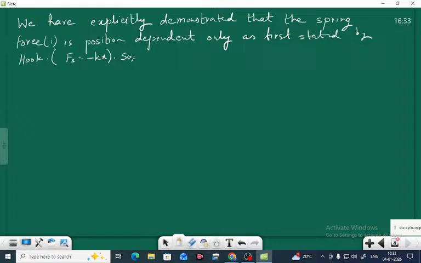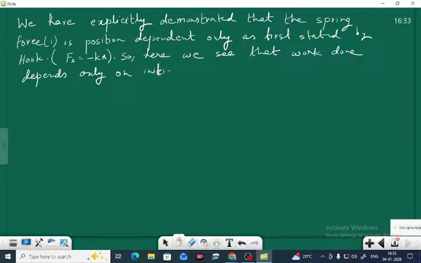So here we see that work done depends only on initial and final position. Thus we can say that the spring force is a conservative force.